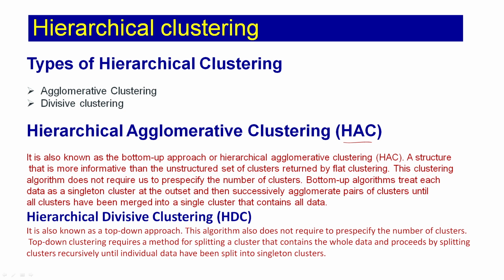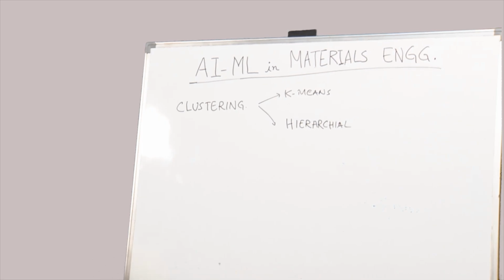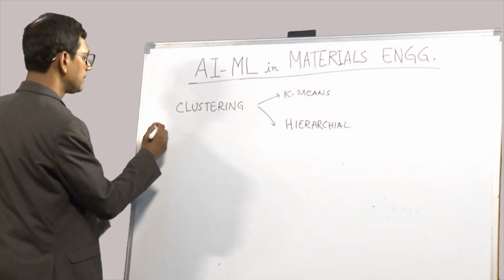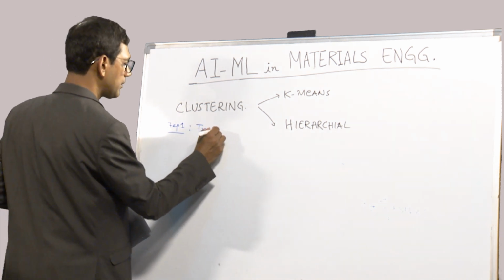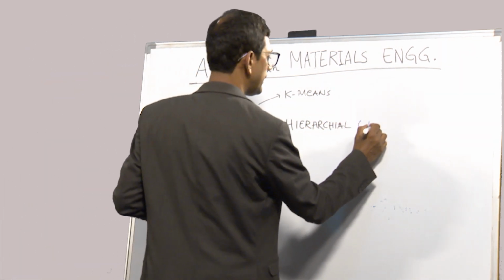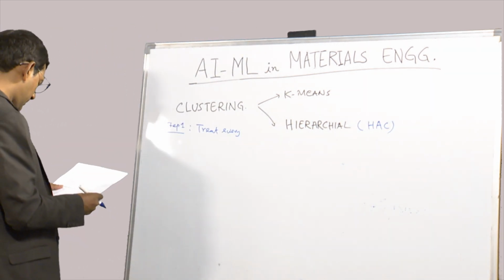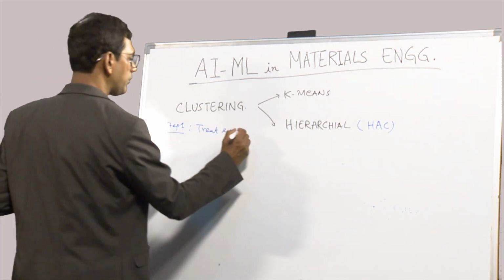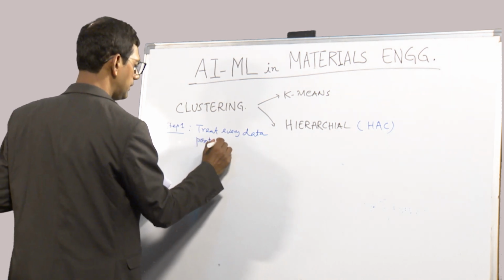Step 1 of our clustering is basically to create each data point as a single cluster, correct. Let me go back to the board and talk about that. Step 1 is very simple in case of hierarchical clustering. Step 1 is basically treat every data point, remember, we are discussing HAC, agglomerative, treat each data point as what?